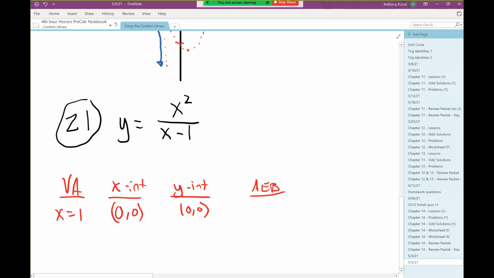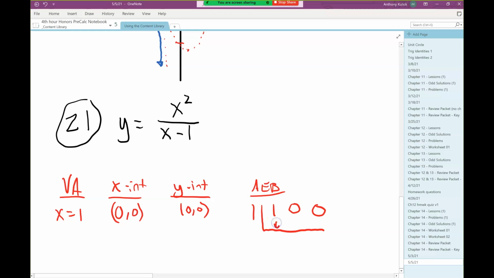So again, the degree of the numerator is greater than the degree of the denominator, so I know I have to do the polynomial division here. I notice that I can do synthetic division, so I'm going to do it that way. Notice I need 2 zeros at the end because I need a 0 for the x spot and a 0 for the 1 spot.